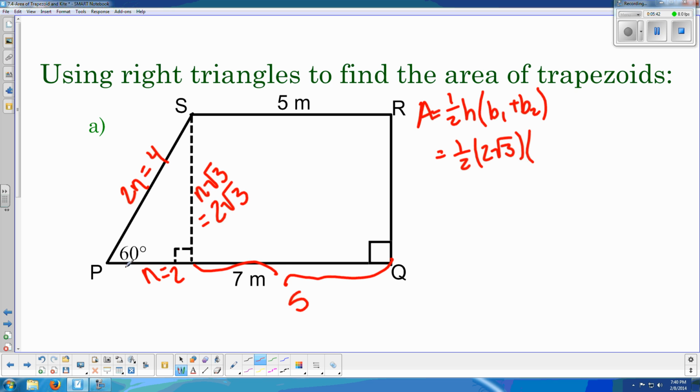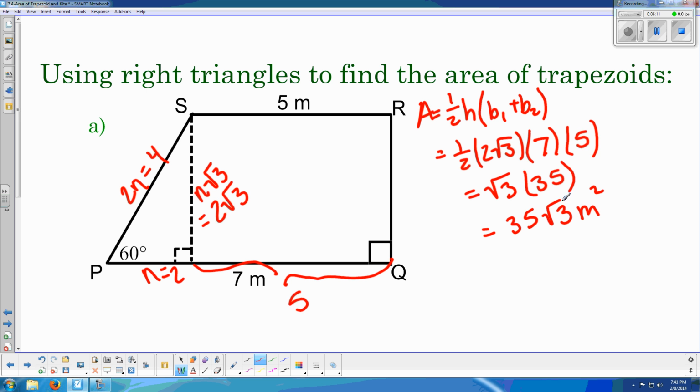Now remember, I'm using the whole base of my trapezoid, not the little piece that I decided on after the first part. So I have 7 times 5. Now, 1/2 of 2 square root 3 is just going to divide my 2's out, so I'm going to be left with square root 3 times 7 times 5, which is 35. So my answer is just going to be 35 square root 3 with my label meters squared.